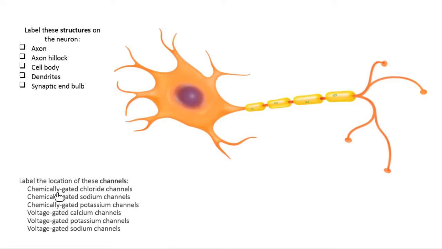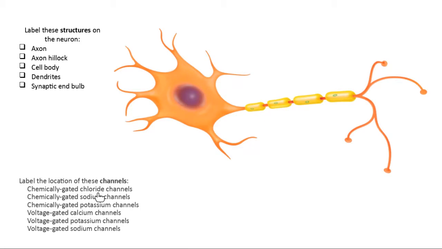So the only place I'm going to have chemically gated chloride channels is going to be the places where I have chemicals. And where did we say again that we have chemicals? Yeah, Tierney's right. The only place I'm going to have chemically gated chloride channels is on the dendrites.